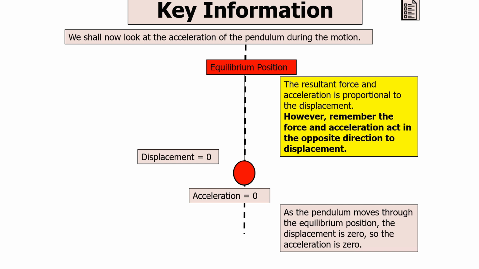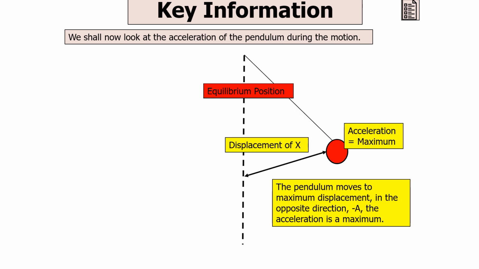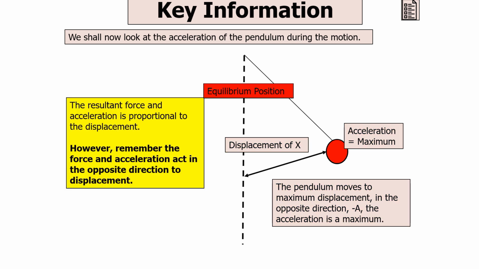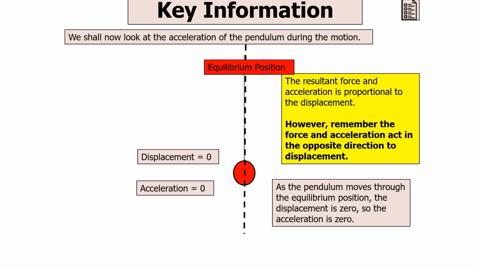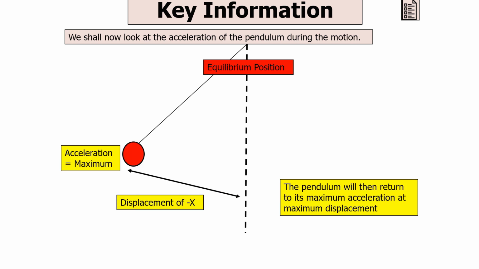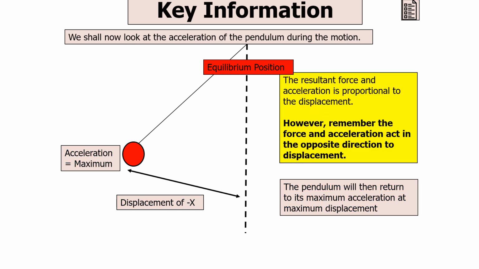No displacement, no acceleration. When we get to our displacement of x, our acceleration is a maximum again, because we have a maximum displacement, and the resultant force and acceleration are proportional to the displacement. Once we go through our equilibrium position again, the displacement and acceleration will both be 0. We then return back to our original position of minus x, and here we've got our maximum acceleration again, but remembering that the acceleration is in the opposite direction to the displacement.